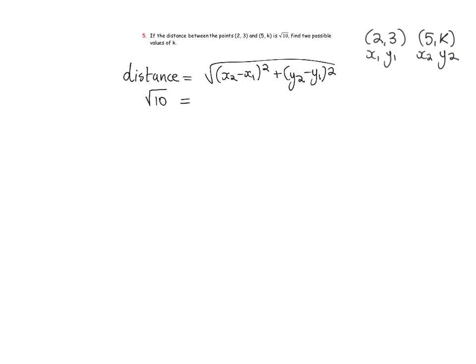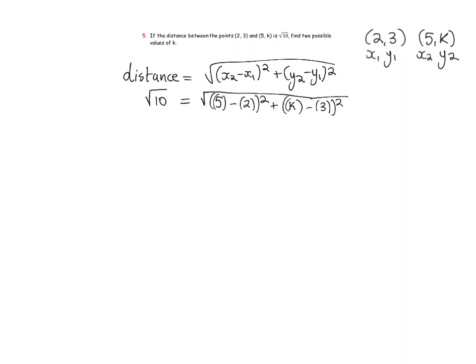So the distance is equal to the square root of (x2, which is 5, put that in a bracket) minus x1, which is 2, all that squared, plus y2, which is k, minus y1, which is 3, and all of that is squared.